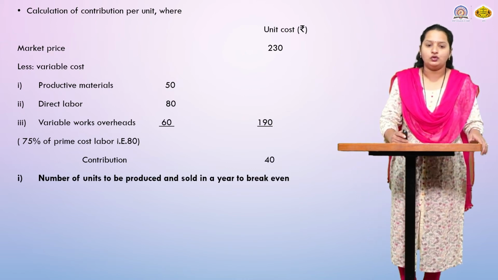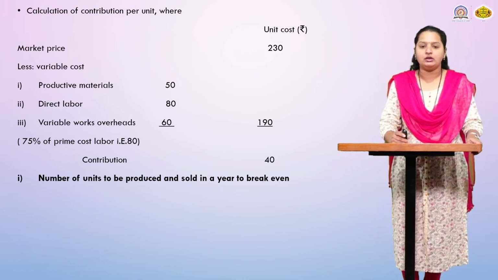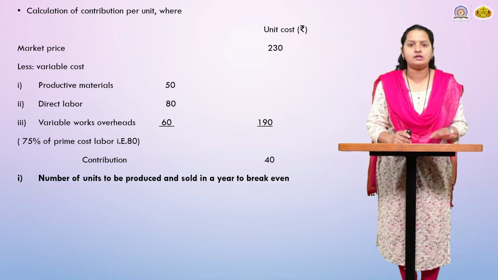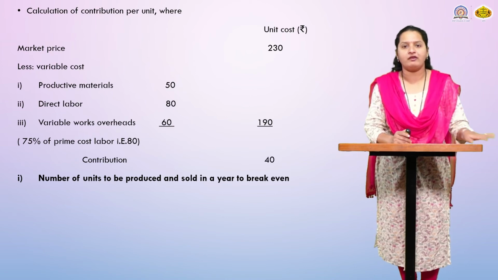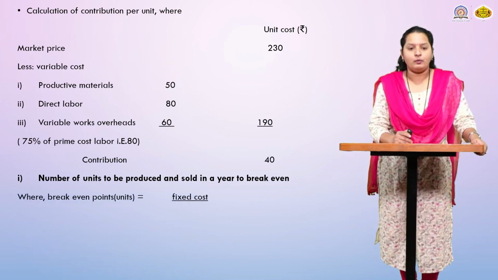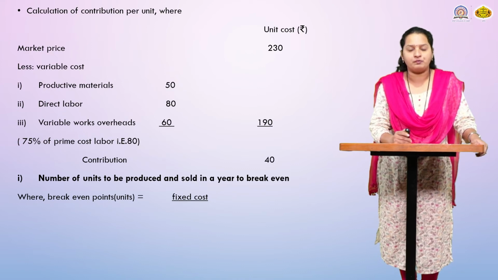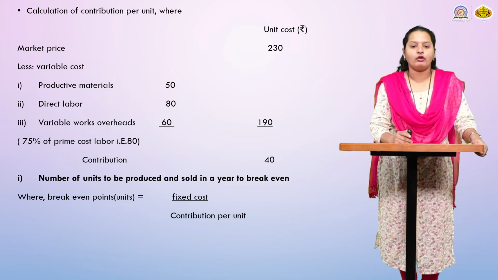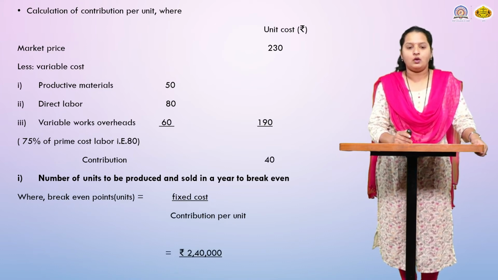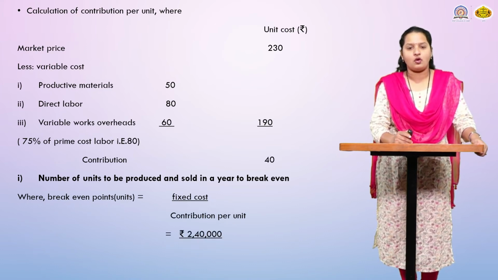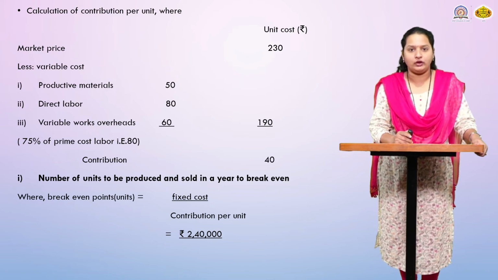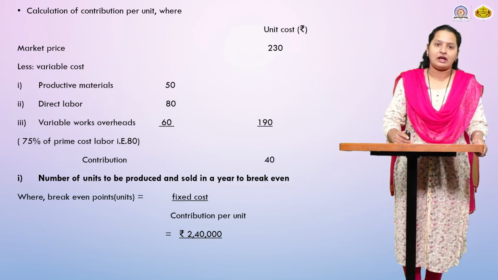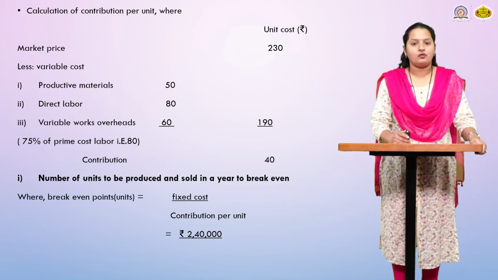Now the first part: units to be produced and sold in a year to achieve break even. So we are required to calculate break even units. What is the formula? Break-even units is equal to fixed cost upon contribution per unit. In the example we have the fixed cost, that is rupees 2,40,000, upon the contribution per unit which we have just calculated, that is rupees 40.